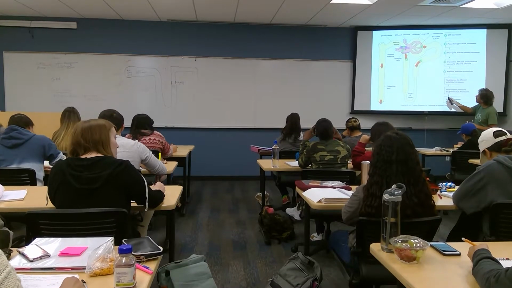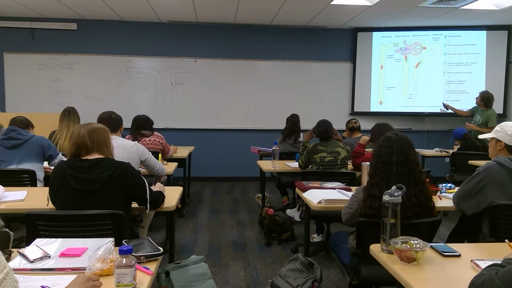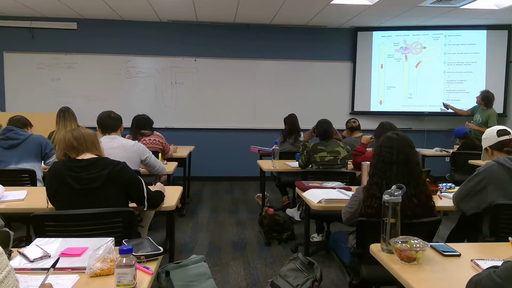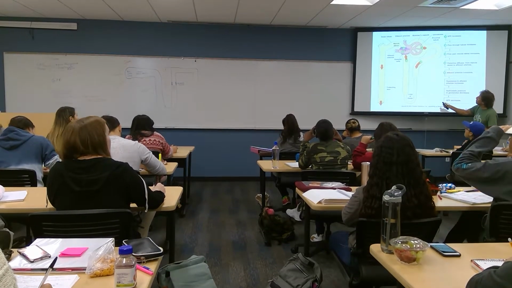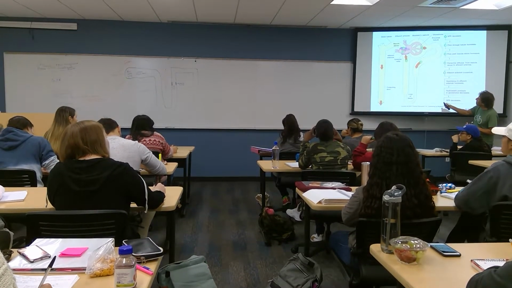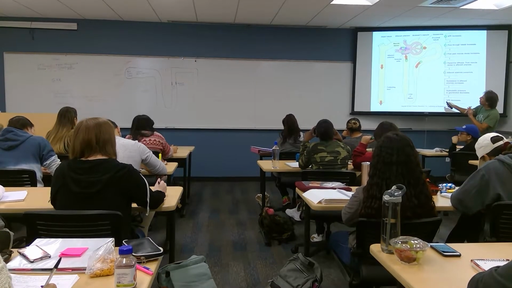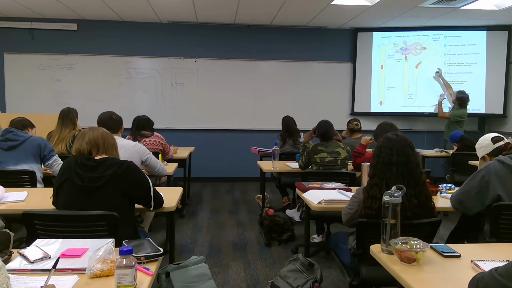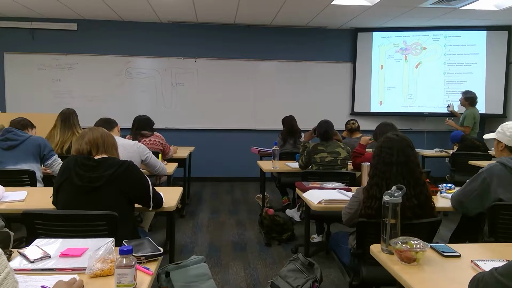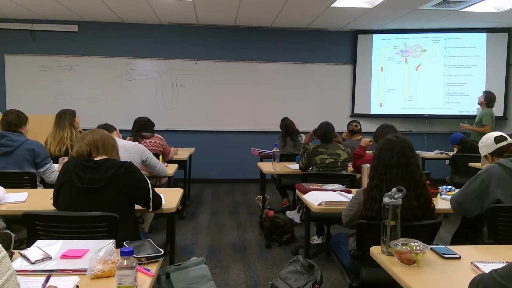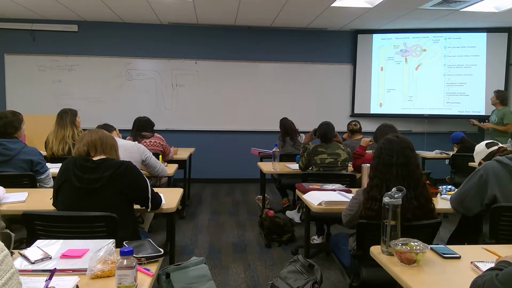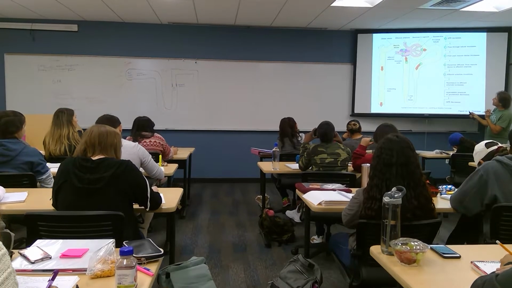If GFR is increasing, so if we have higher flow, it detects it. It's going to send messages via the granular cells to the afferent arteriole to cause it to constrict, decrease the pressure, decrease GFR. Again, you're not going to have to know the 7 steps or whatever, but you want to understand the second response.